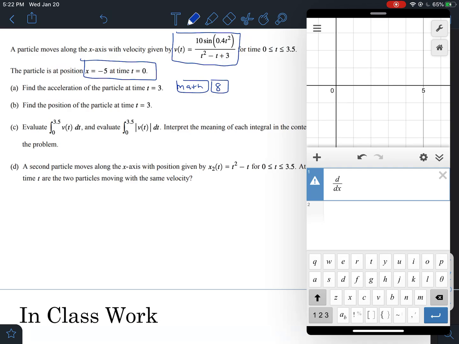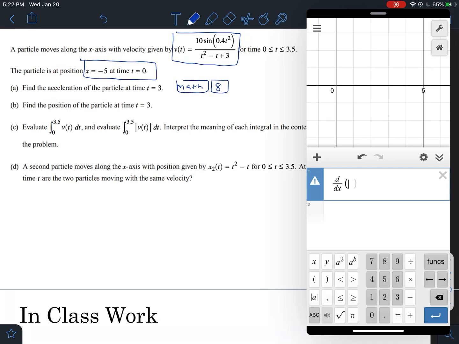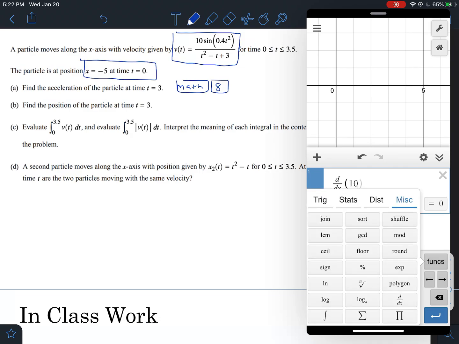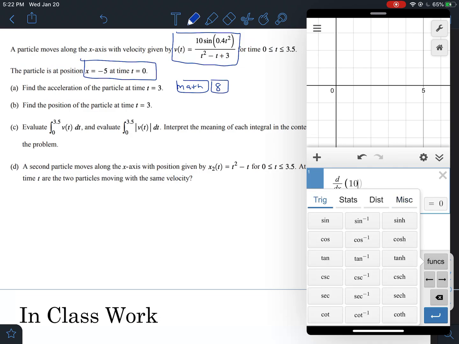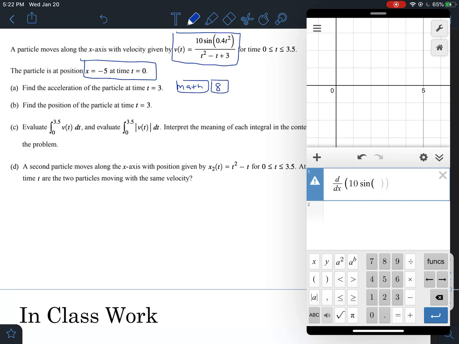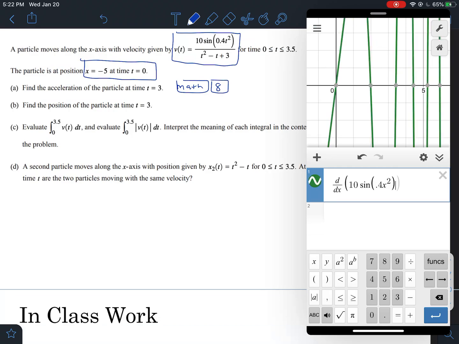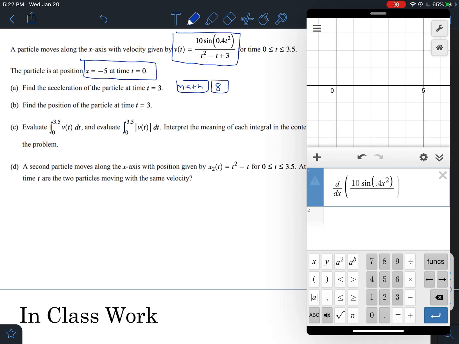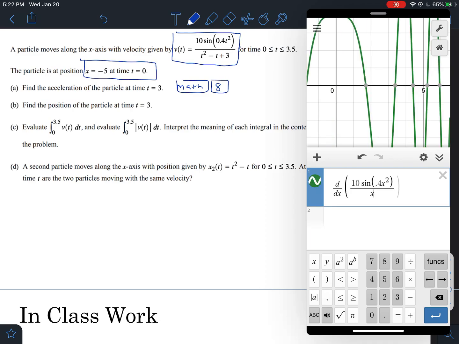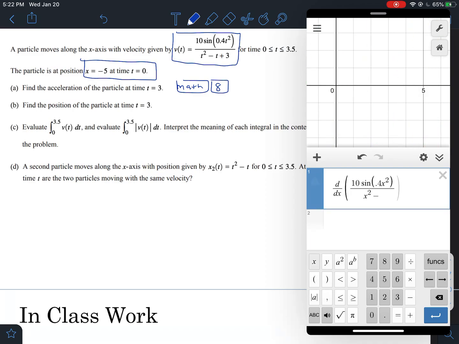So we're going to take the derivative of 10 sine of 0.4 t squared, so x squared, divided by x squared minus x plus 3, and that's the derivative function.